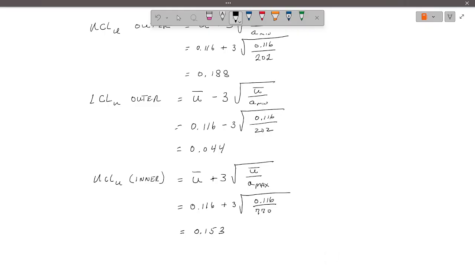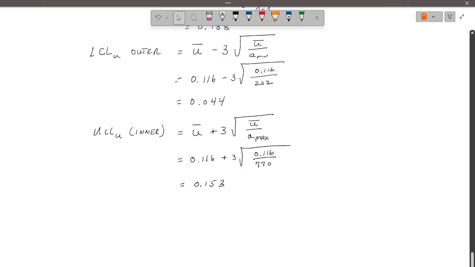And that leaves me with a 0.153. And then I have a lower control limit for U on the inner. And it's the same equation, but the minus 3 version.